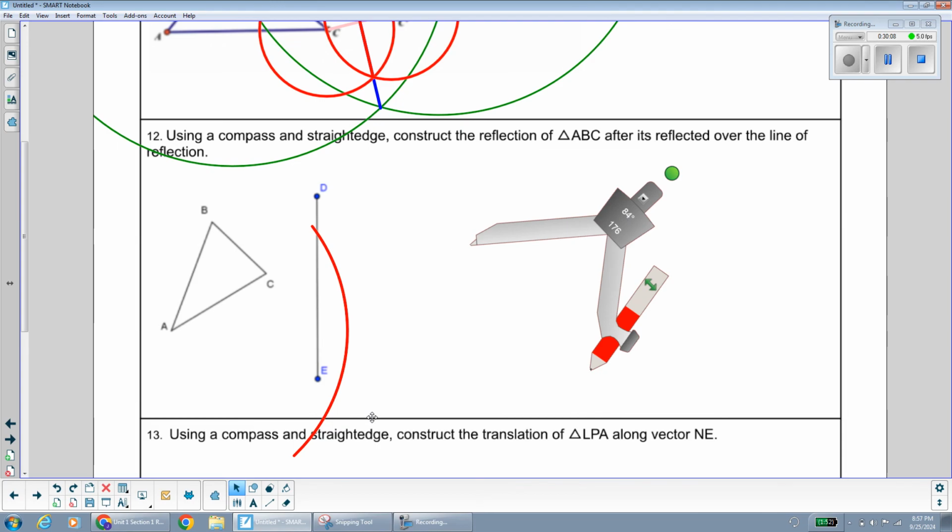I need to make it bigger. So I hit in 1 spot. I'm going to extend the line with my straight edge slightly. And that way I can see the intersection point here and here.